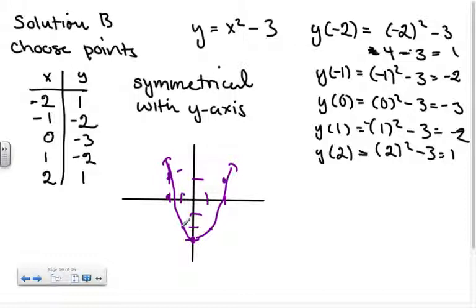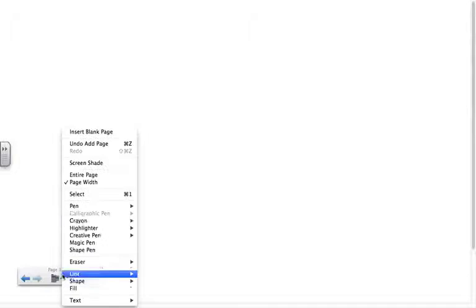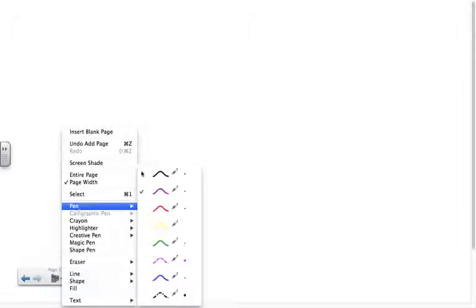Now, this kind of thing is called an even function when we talk about symmetry with the y-axis. So the algebraic tests for symmetry are as follows.